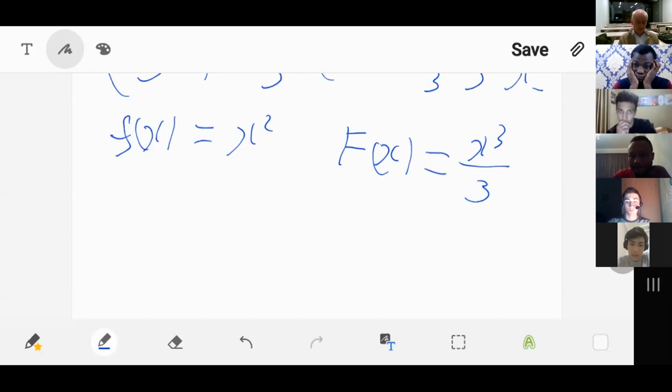So we know one function definitely. We know that the derivative of this function is x squared. But now my question is, can we find a different function such that the derivative of this function also will be x squared?